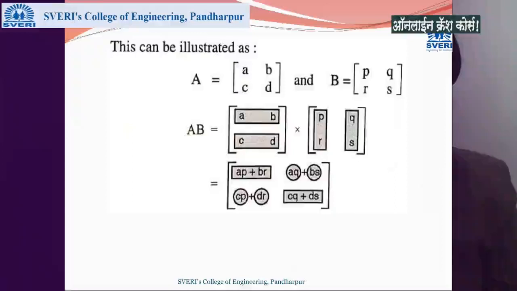Then a into q plus b into s, that is R1 C2. Similarly, the second row, first column is c p plus d r, and next c q plus d s. So here we get the product of A and B.